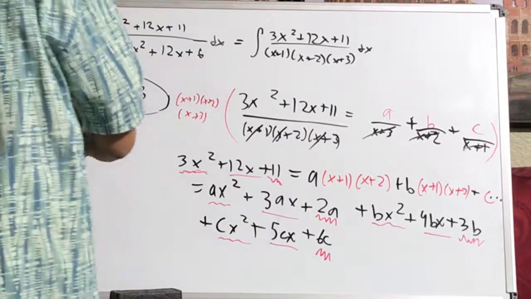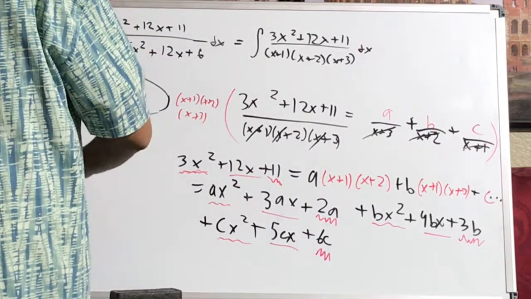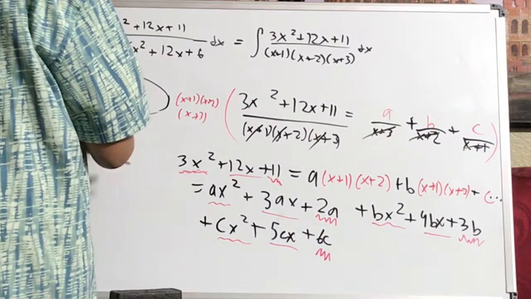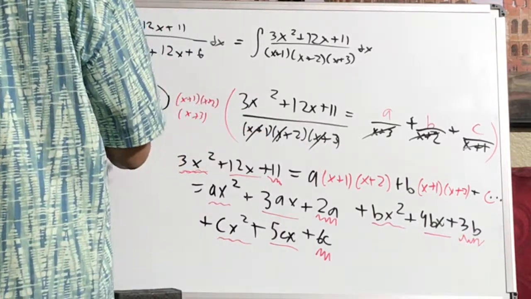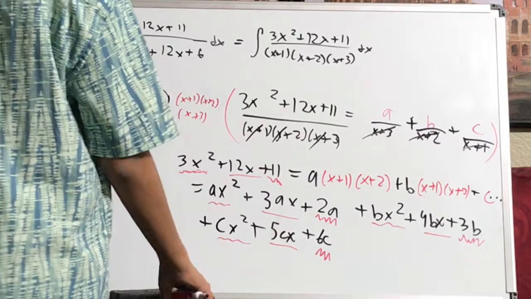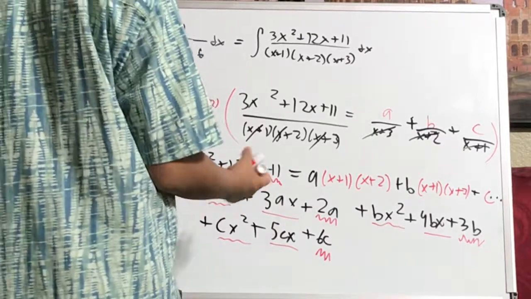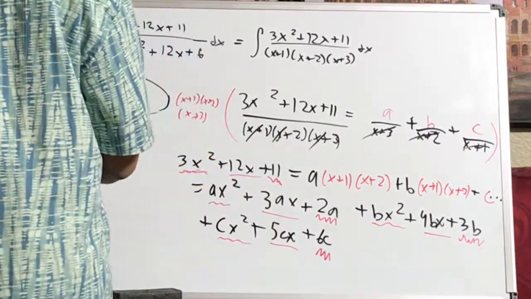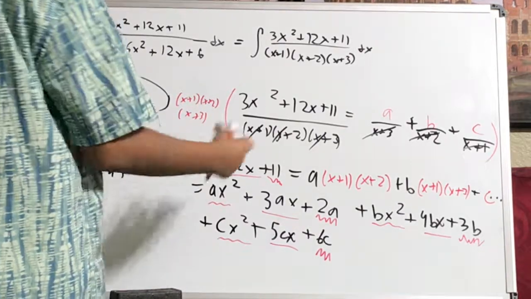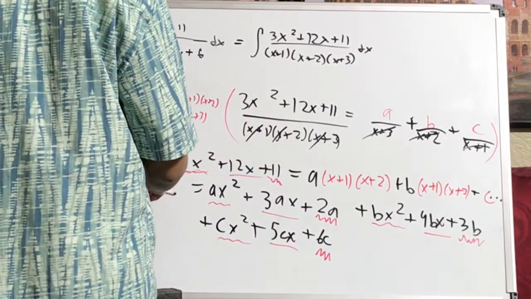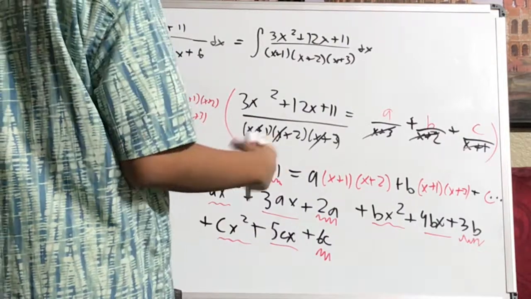So we know that 3x squared, we know that 3 is equal to a plus b plus c. Simple. Okay. 12 is equal to what? 3a plus 4b plus 5c.